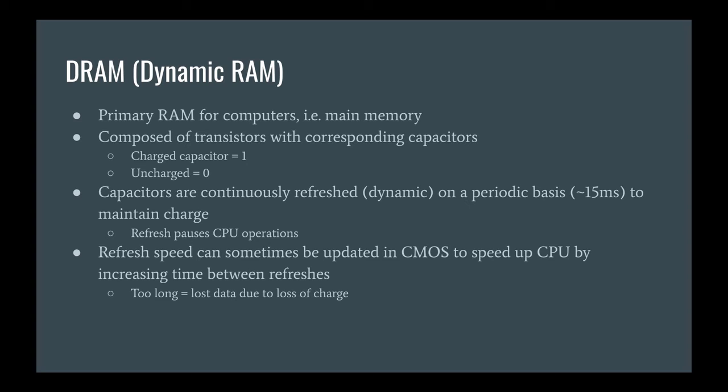If you go too long, though, you have the potential of losing the data that's in memory because that capacitor has lost its charge before the next refresh comes along. And so that's why most retail systems, most consumer systems, don't really allow you to mess with that, because you can ultimately lose data, and then you get frustrated at the manufacturer for that, not realizing that you were the one who did that.